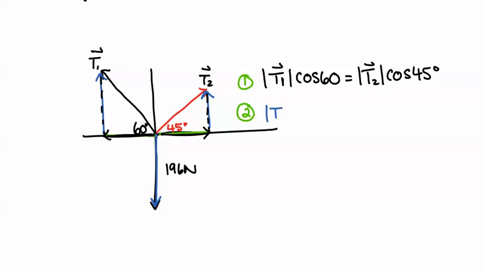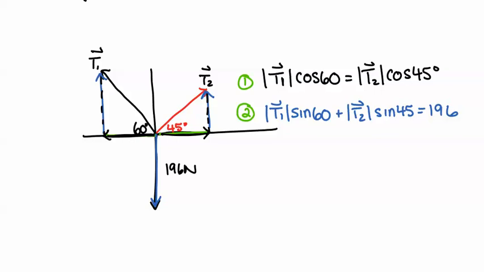We say the magnitude of T1 sine 60 plus the magnitude of T2 sine 45 should be equal to 196. So what we've done is create two equations with two unknowns. You can use methods you've learned to solve that.